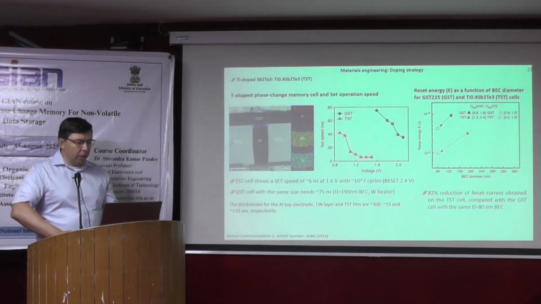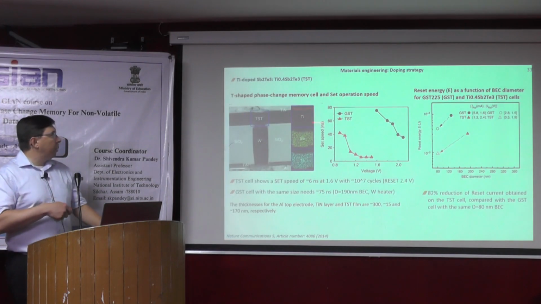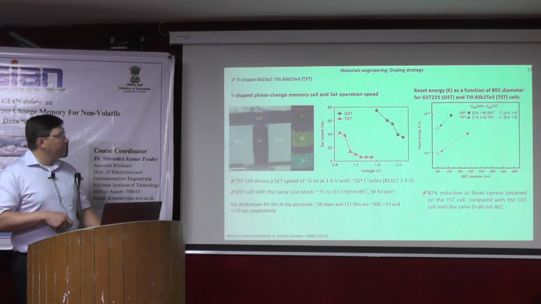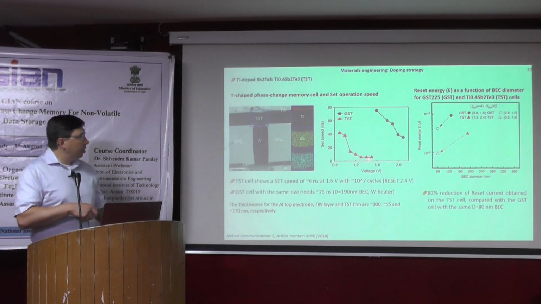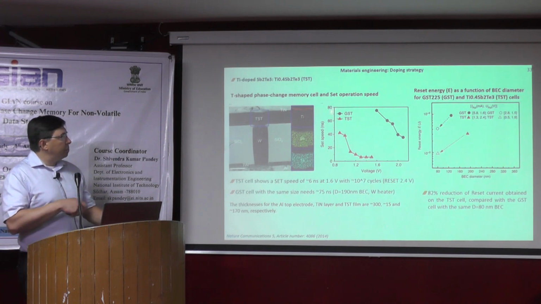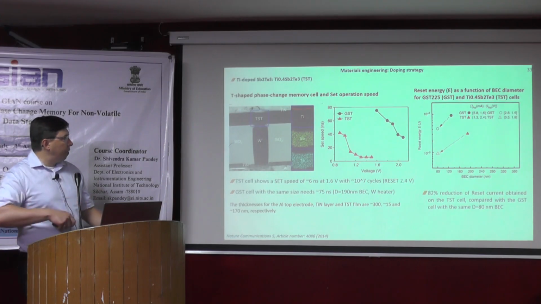These are some experimental data on the set speed in dependence on voltage for GST, and this is for TST. Again, we see that the set speed of TST is much faster compared to GST.